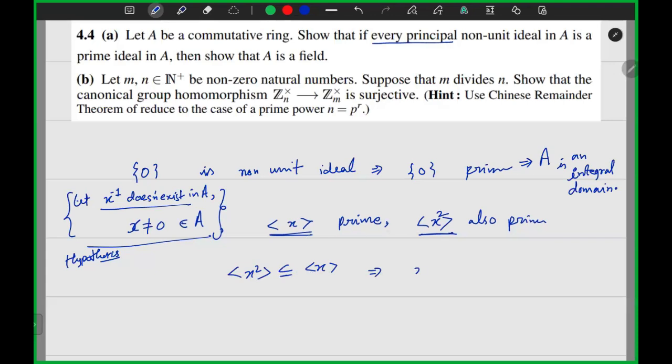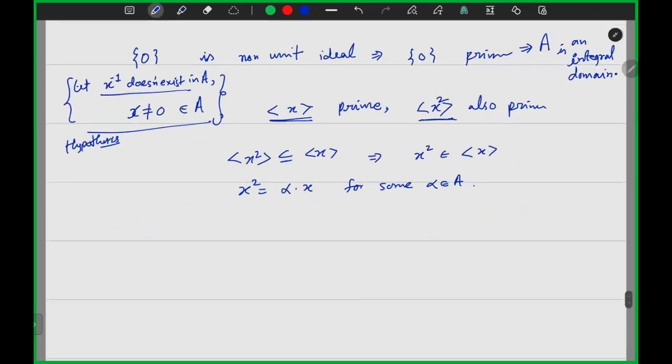This implies x square belongs to ideal generated by x. So we get a relation x square is equal to alpha into x for some alpha belonging to A. Correct? Yes.